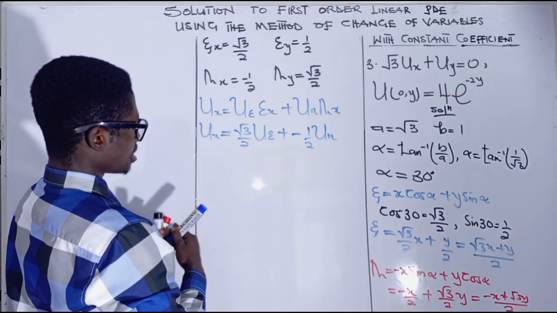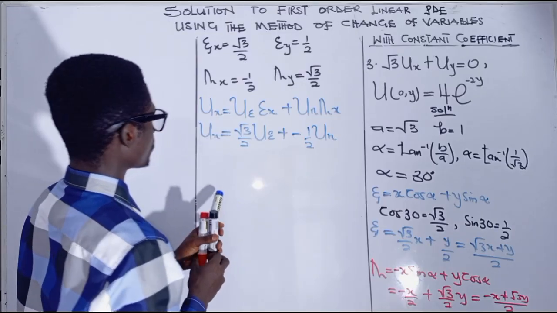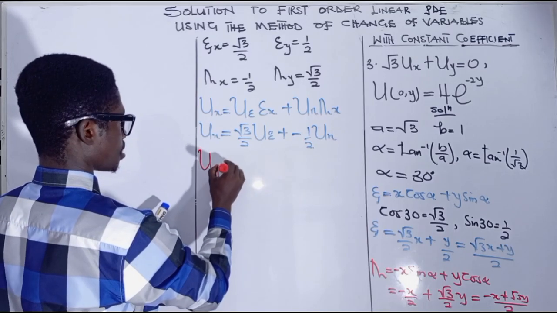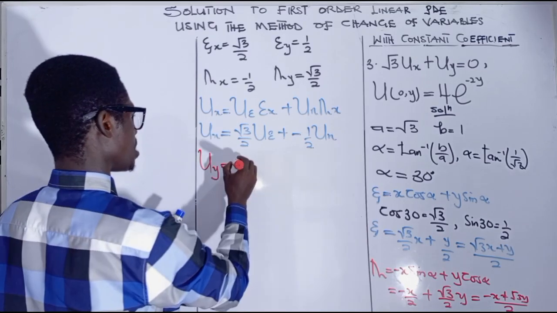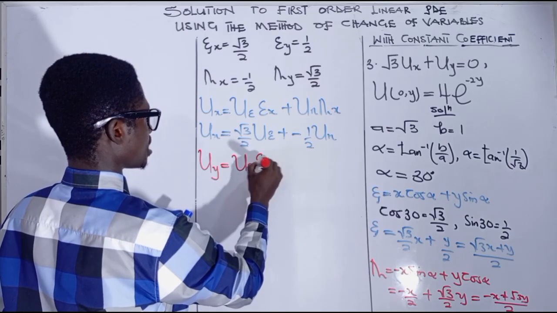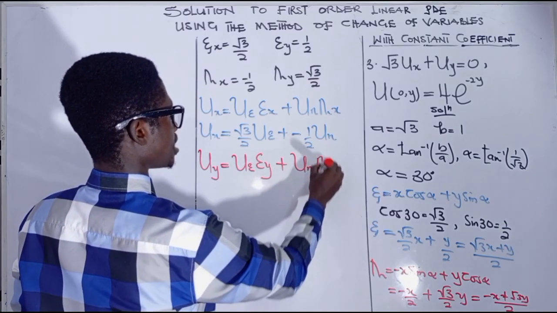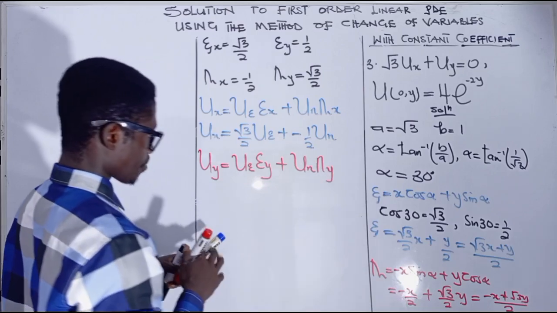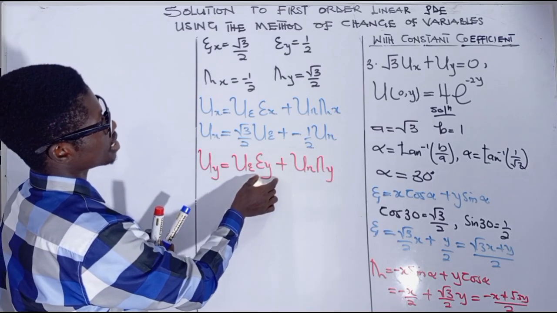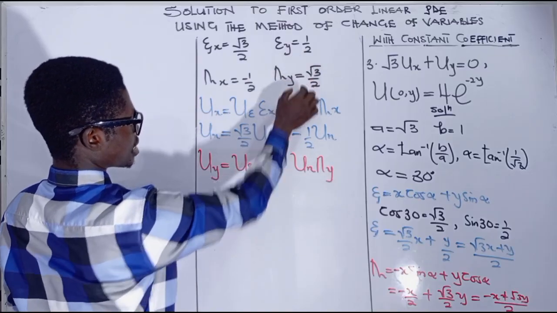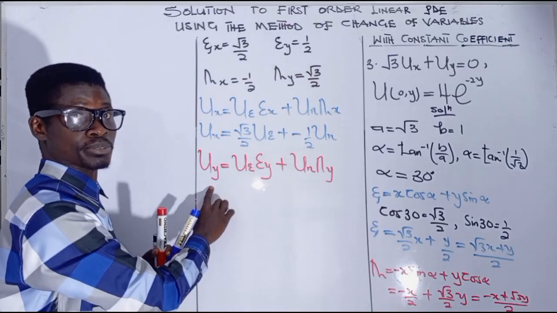Now once we are done, we move on to the expression for uy. So the expression for uy, we have u xi y plus u eta y. Since we have xi y, which is this, and then eta y, which is this, we are just going to plug this and that into this equation to give us the expression for what?